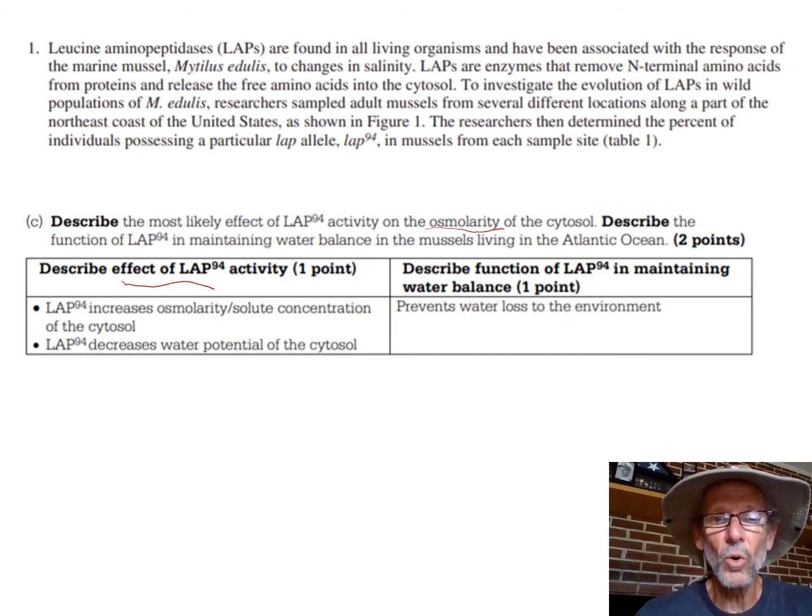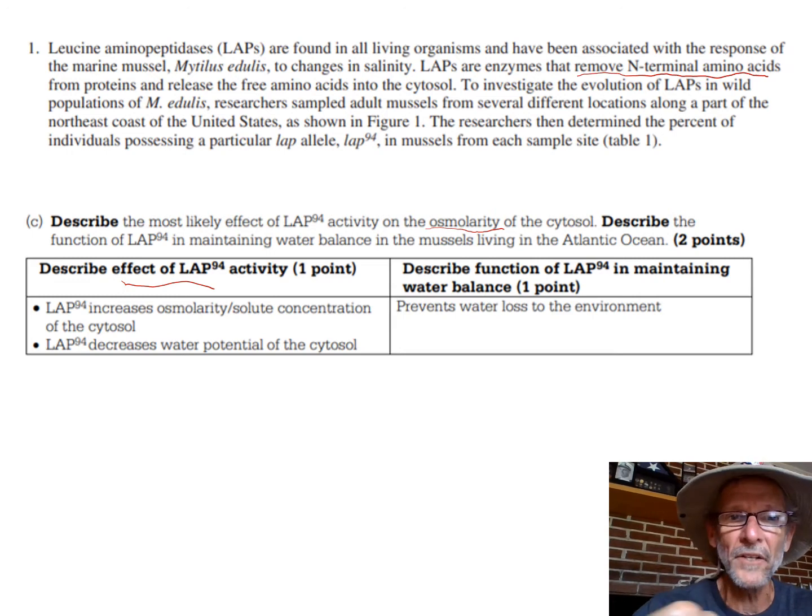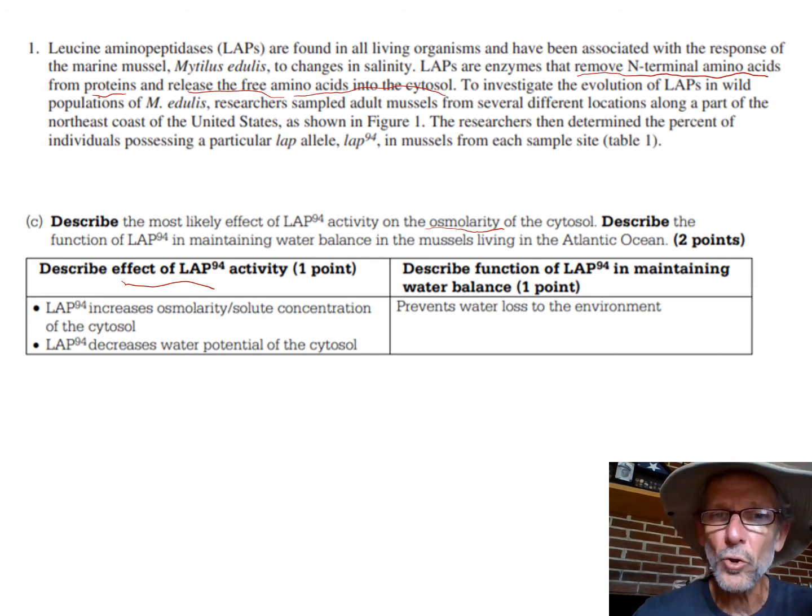Okay, so what does it tell you up here? That this enzyme does remove amino acids from one end of proteins and release them into the cytosol, therefore increasing its concentration. The cytosol now has an increased concentration.